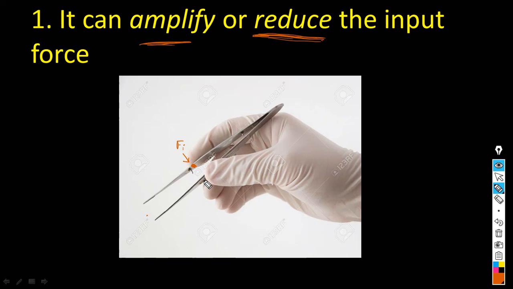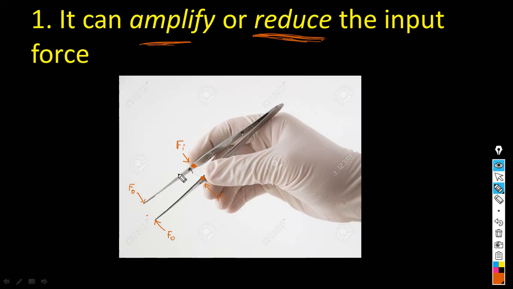And this finger applies a force on the tweezers over here in that direction. So that is the input force. And the output force will be located in the extremes of the tweezers. Output force.